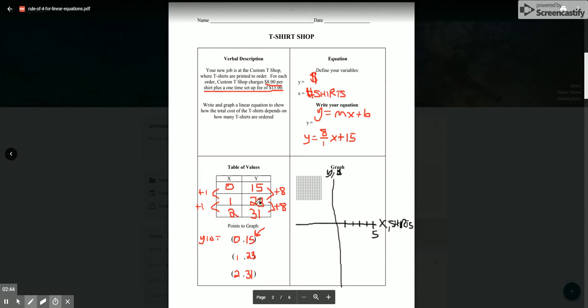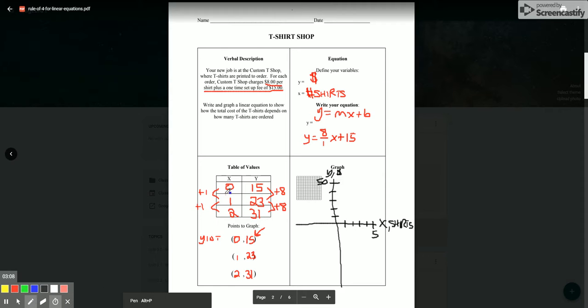And so our y's are increasing by quite a bit more. Increasing by 8 at a time, that's almost 10. So it might make more sense to go up by tens on our y's. So 10, 20, 30, 40, 50. And your y-axis and your x-axis do not have to be the same scale. They can be a different scale.